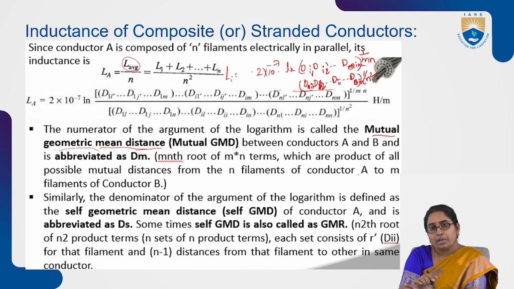So that's why it is named mutual geometric mean distance.